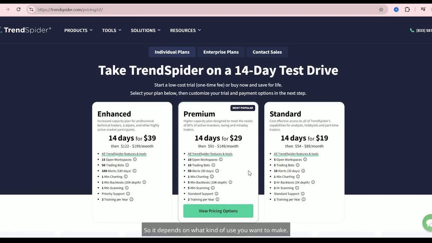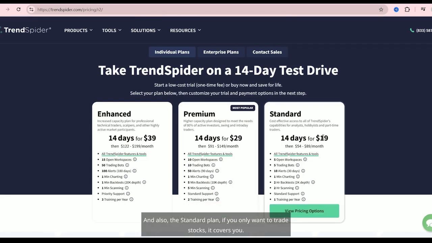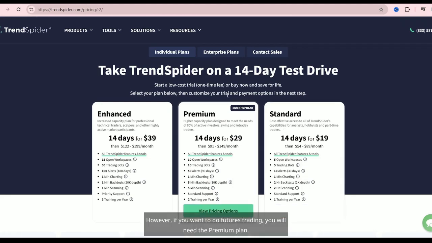So it depends on what kind of use you want to make. And also, the standard plan, if you only want to trade stocks, it covers you. However, if you want to do futures trading, you will need the premium plan. So it depends on what financial products you want to trade and how much you want to use it per month.